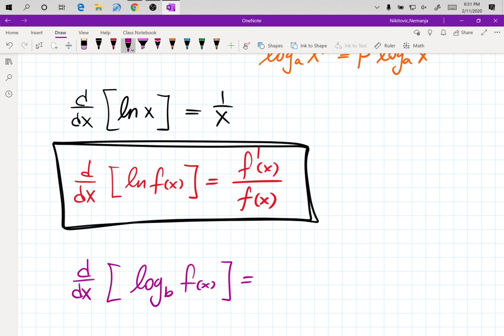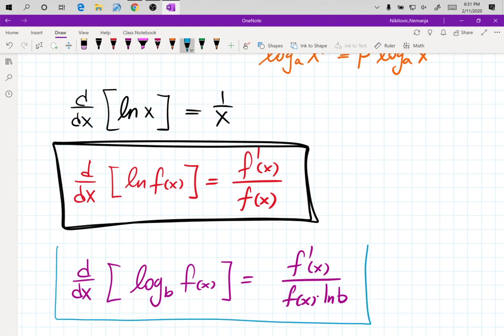And in this case, we are going to have the ln b drop out. So we still have our f prime of x divided by f of x, and we're just going to stick this ln b in the denominator as well. So this is your general case, the Boss equation.